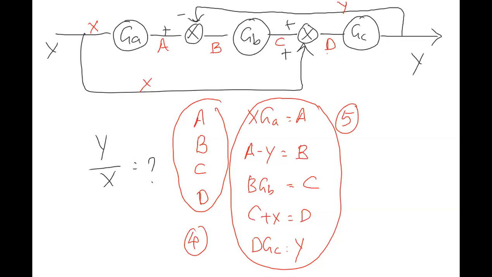So the number of equations should be just one higher than the number of variables, is what I'm trying to say.